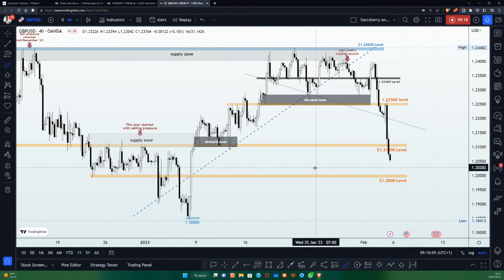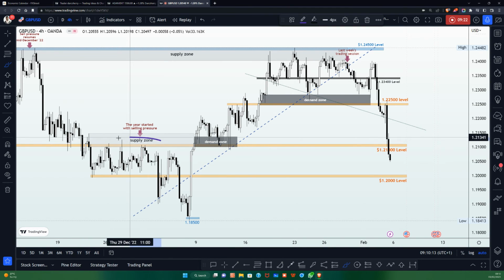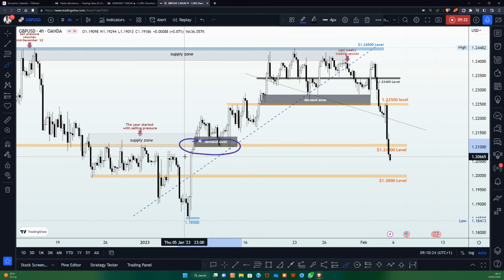Remember, the year started on a bearish note, and that was around the 1.2100 level, where we saw some selling pressure around that area at the beginning of the year before the breakout of that structure happened to incite that bullish momentum.